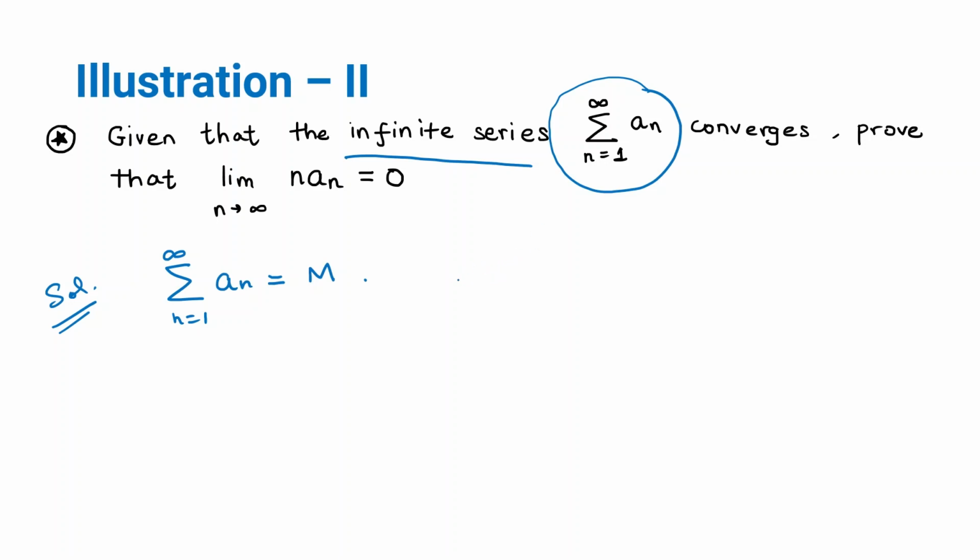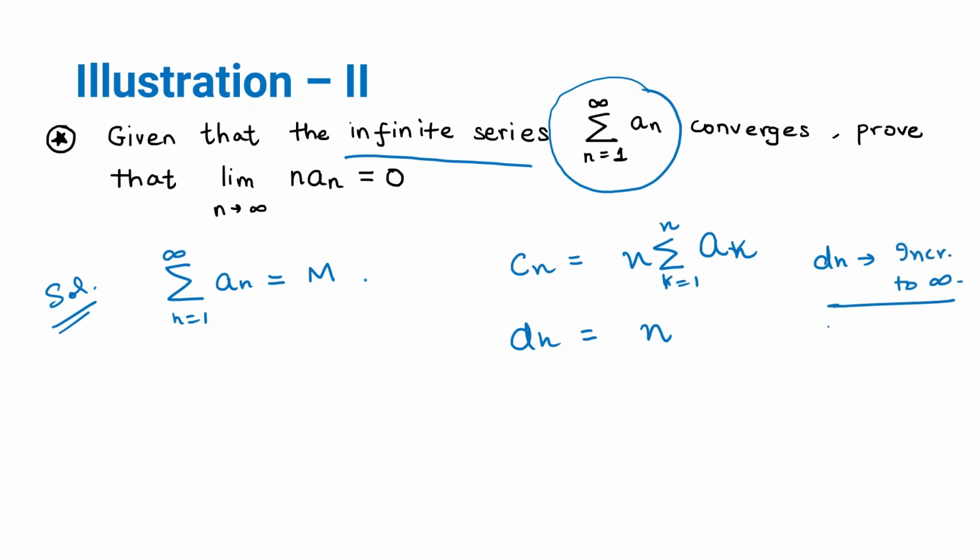So let's consider a sequence, again call it cn, given by n times the summation of ak from k equal to 1 to n. And let dn be nothing but n. Again dn is increasing to infinity.